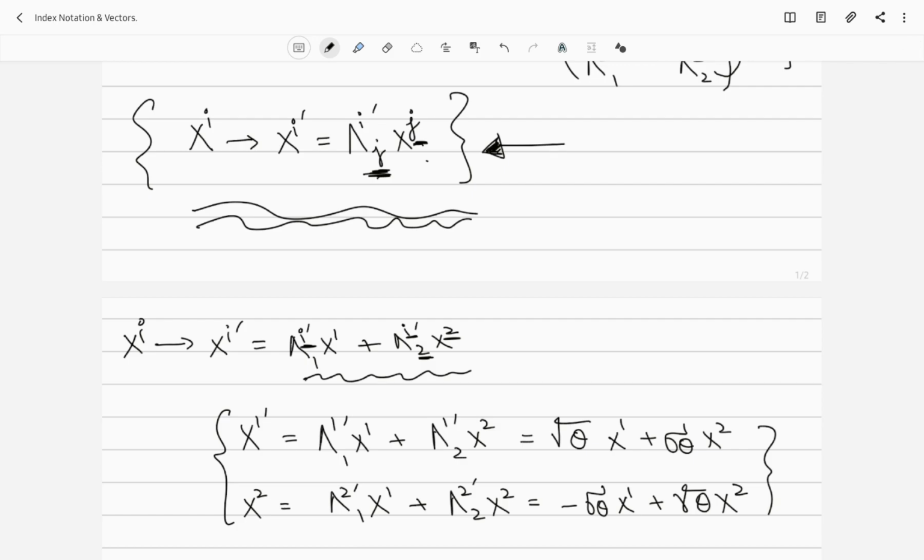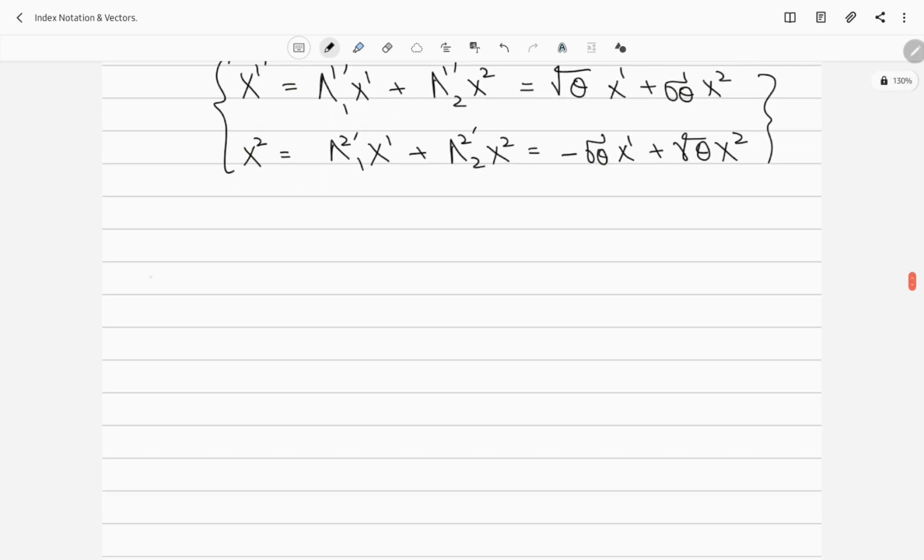Okay, so number two, we could have also written down something like x_i transforms as x_i prime, which is equal to x_j r_ij prime, which would be equal to x1 r_i1 prime plus x2 r_i2 prime.